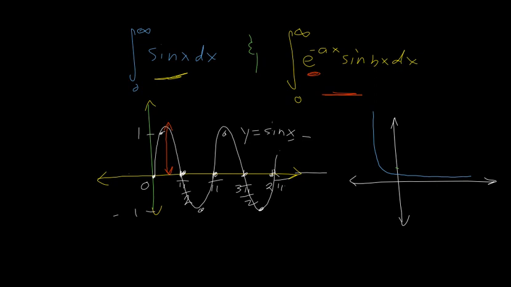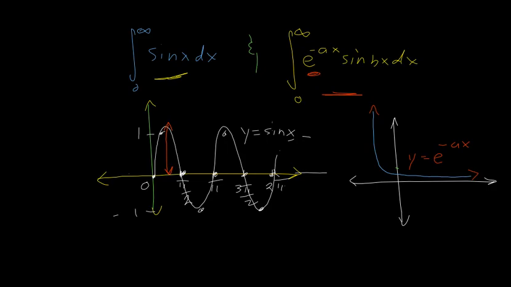This is y equals e to the negative ax. That's exponential decay, and it's approaching a horizontal asymptote at y equals 0.